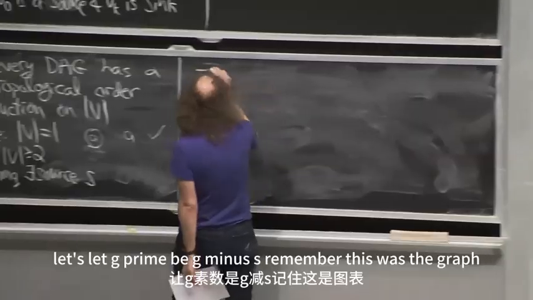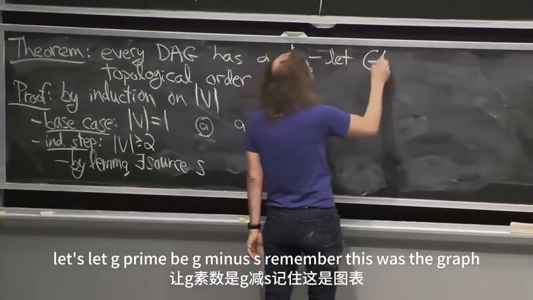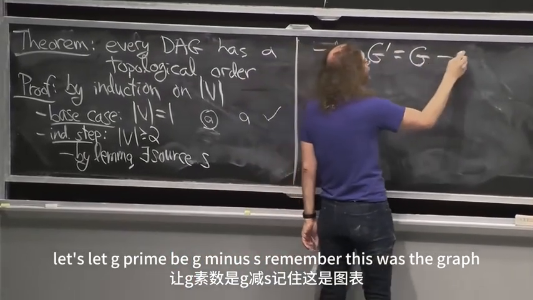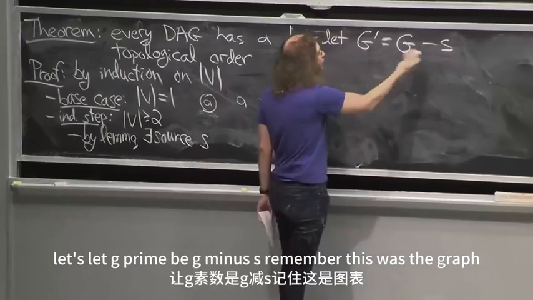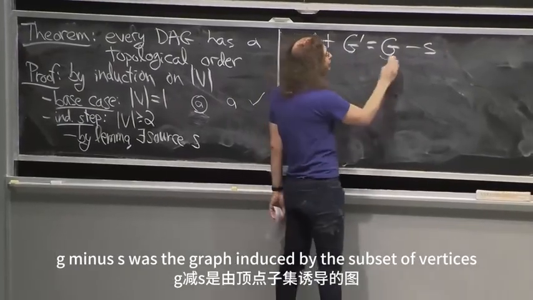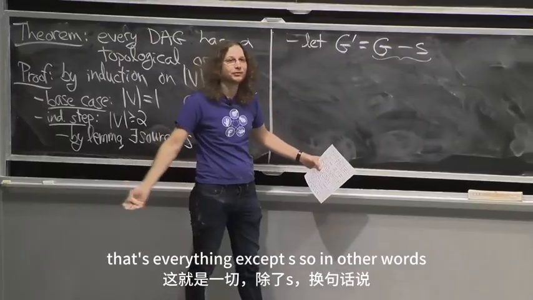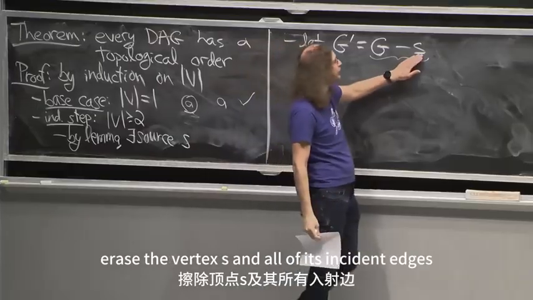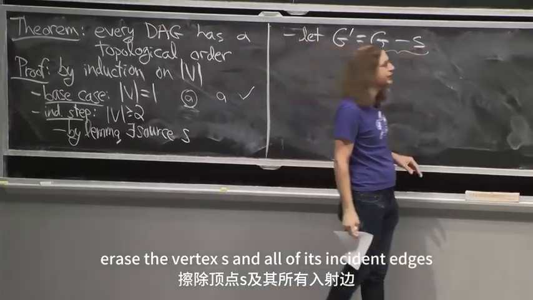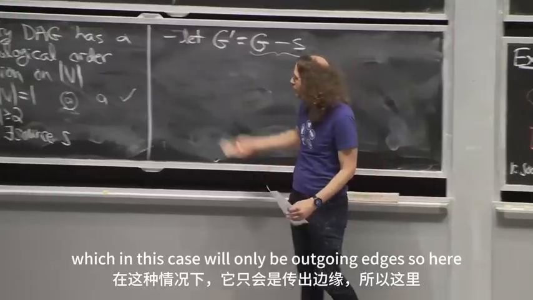So let's let G prime be G minus S. Remember, G minus S was the graph induced by the subset of vertices that's everything except S. So in other words, erase the vertex S and all of its incident edges, which in this case will only be outgoing edges.